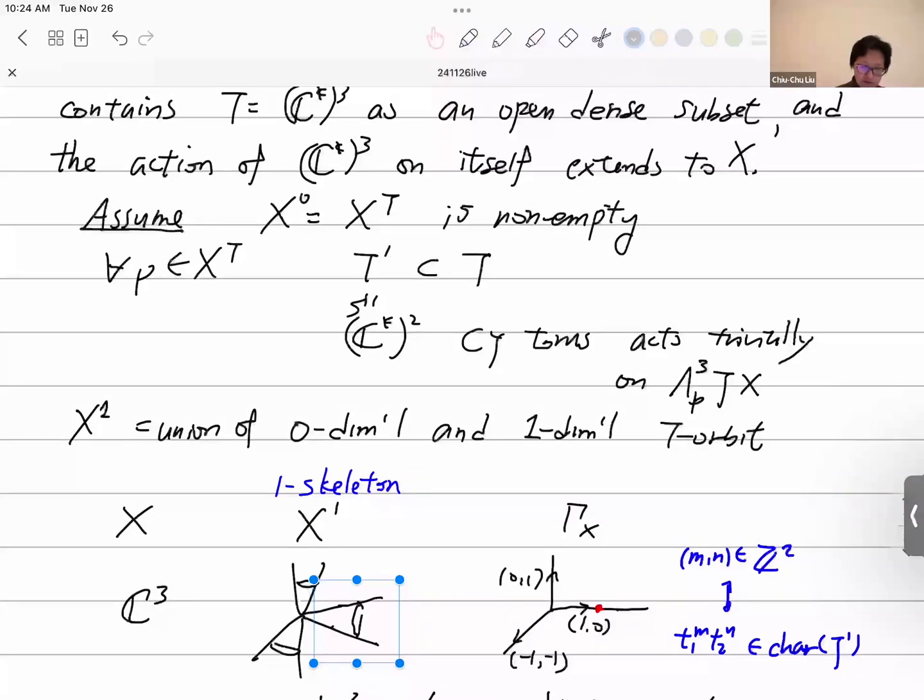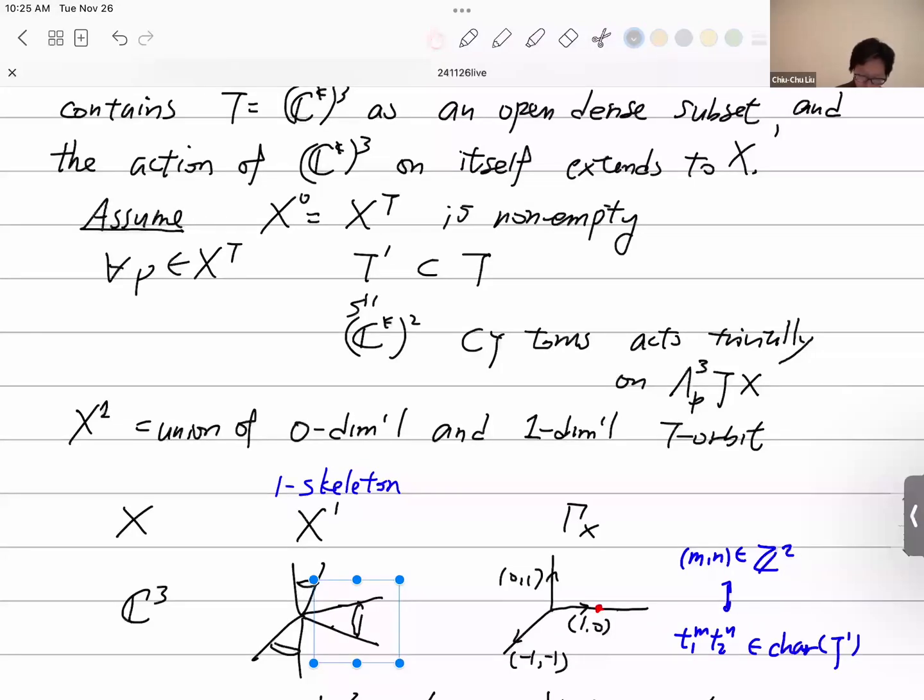And for each torus fixed point, we associate a vertex. So here we have three T invariant lines, so we have one single trivalent vertex and three non-compact edges.